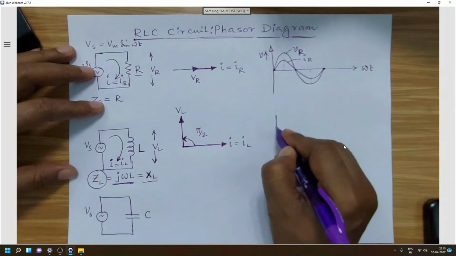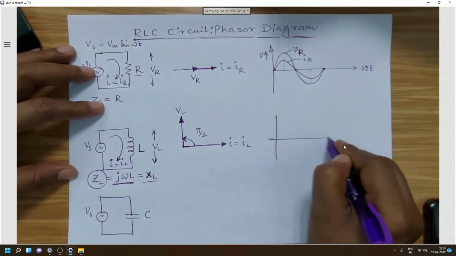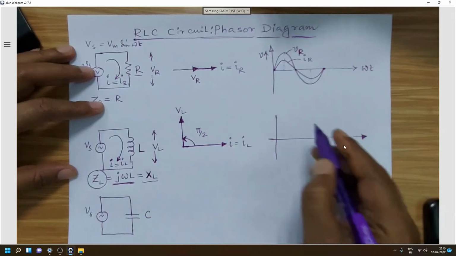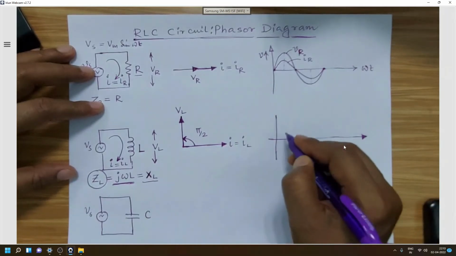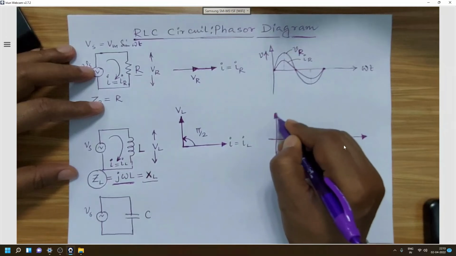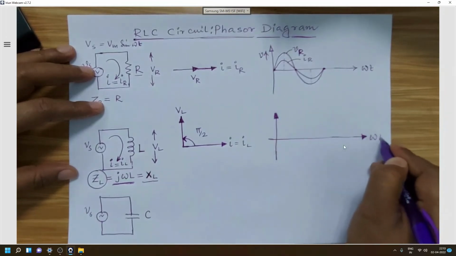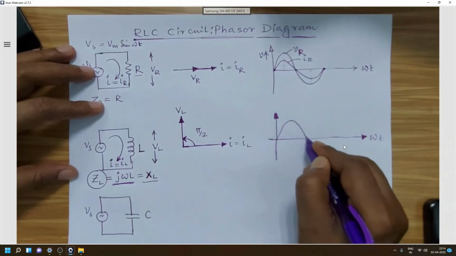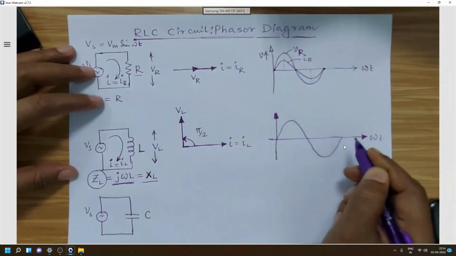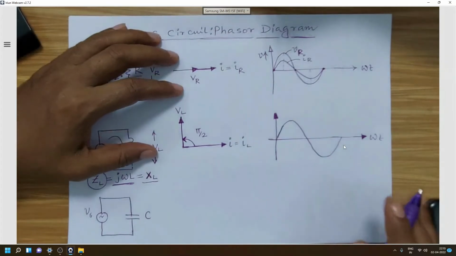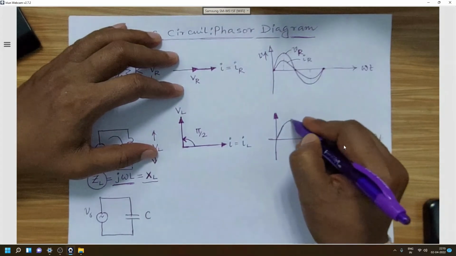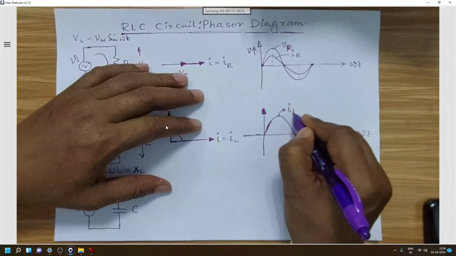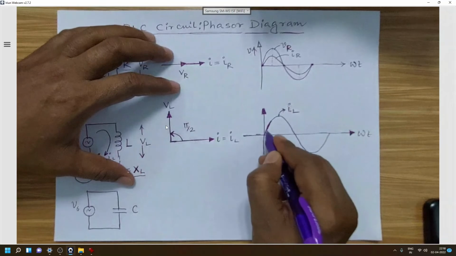Now for the instantaneous values, the time varying waveform, we have to draw the amplitude axis and the omega t axis. In the time varying waveform, this is the current through the inductor IL which starts from 0.